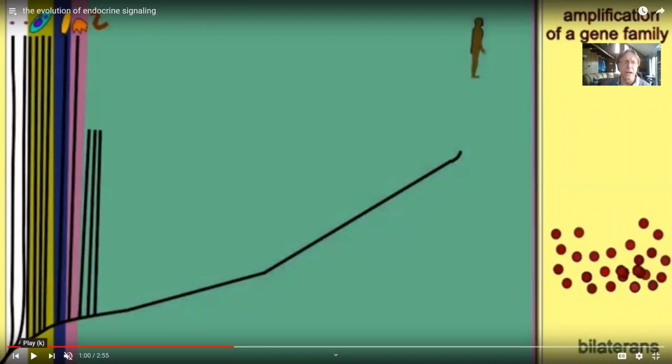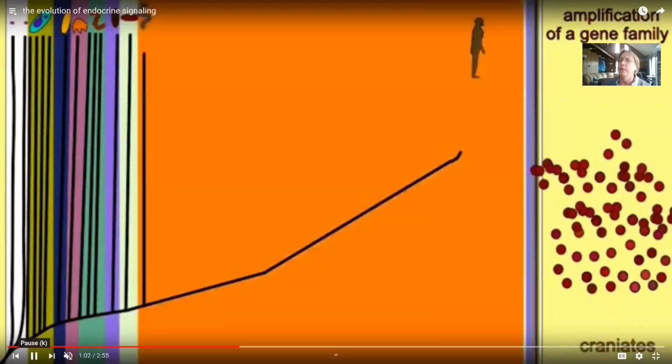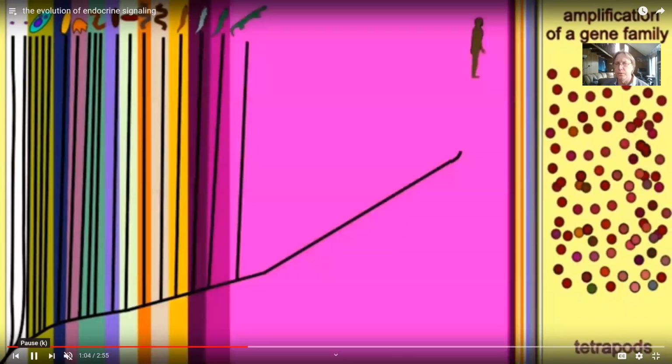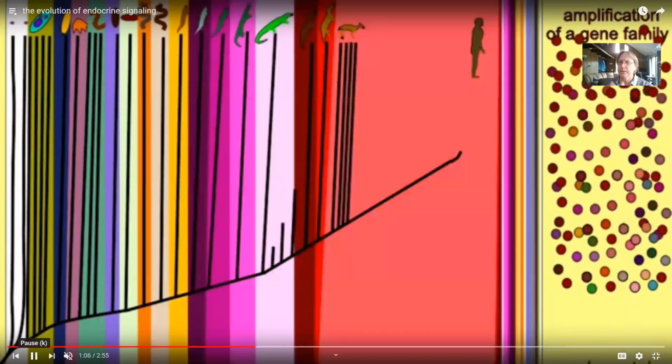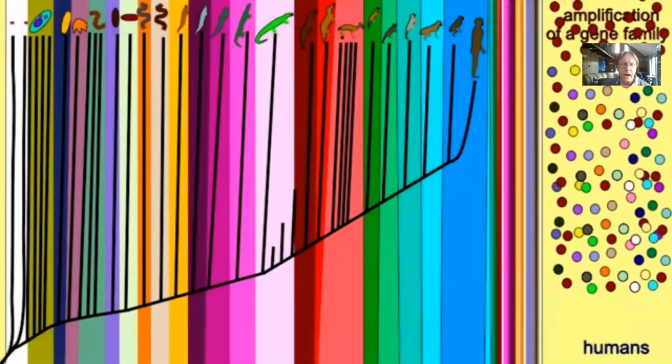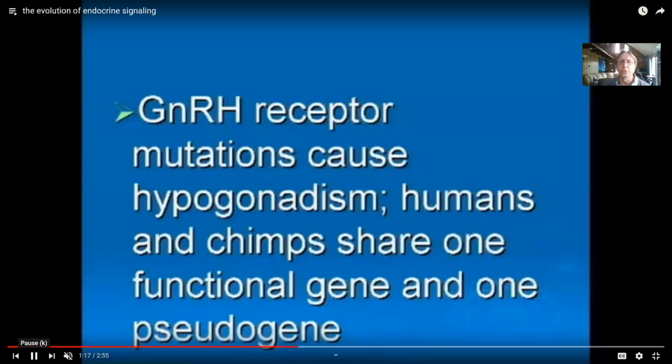And then over long periods of time, there were gene duplications, which then amplified the number of G protein coupled receptors, the number of those receptors for the hormones. And so thus, later organisms had a much greater repertoire of hormones and receptors than would have been present ancestrally. And so thus we can then trace those.